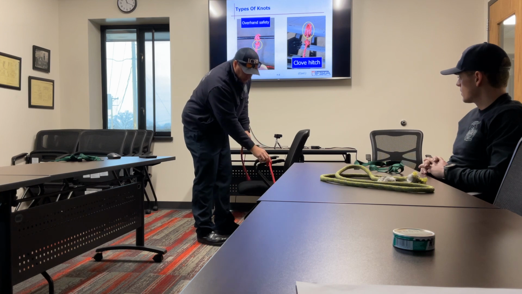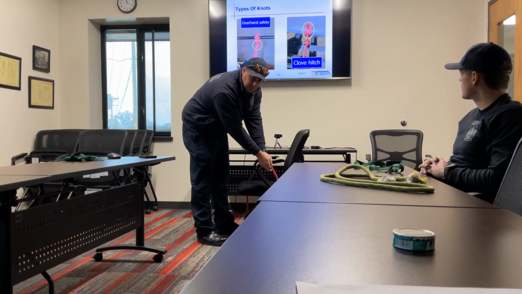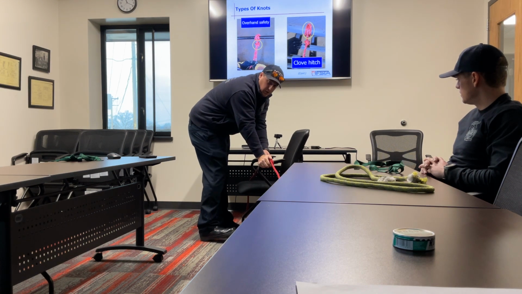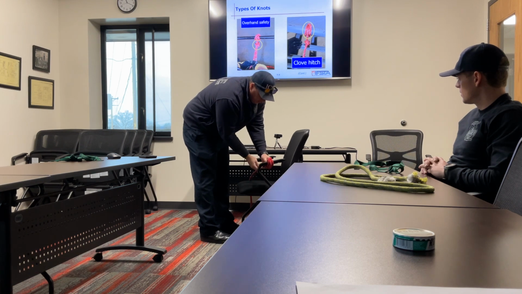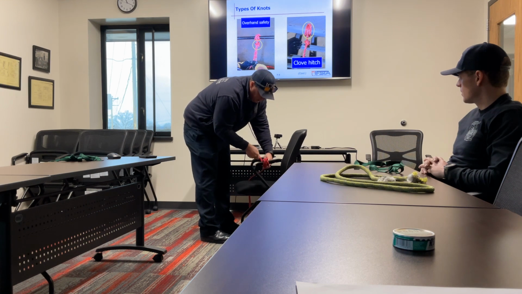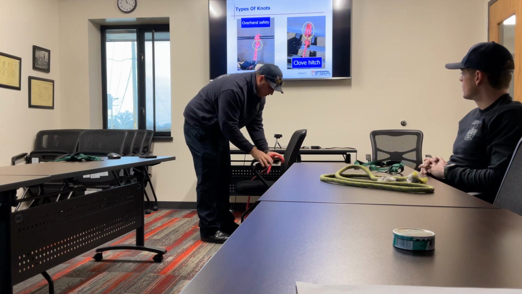When it's complete, you should have two pieces of rope running around and then a piece going over the top to capture it. Now, as tight as you pull that, it's going to bite harder and harder and it's not going to slip. To complete it, you're going to bring the working end around and then you're going to tie in an overhand safety. And that will secure that hitch.